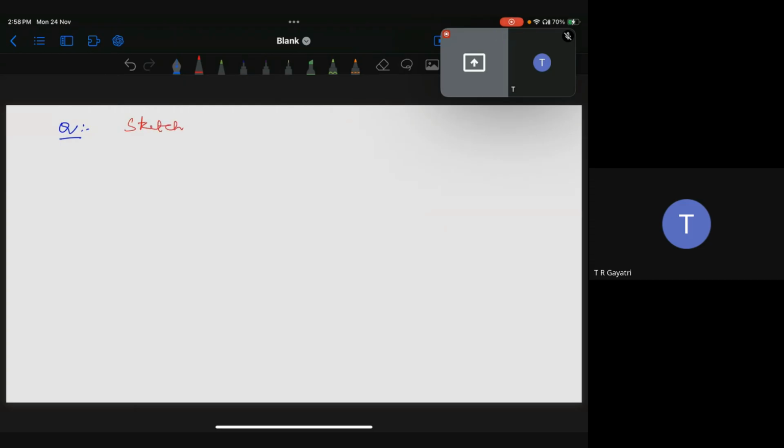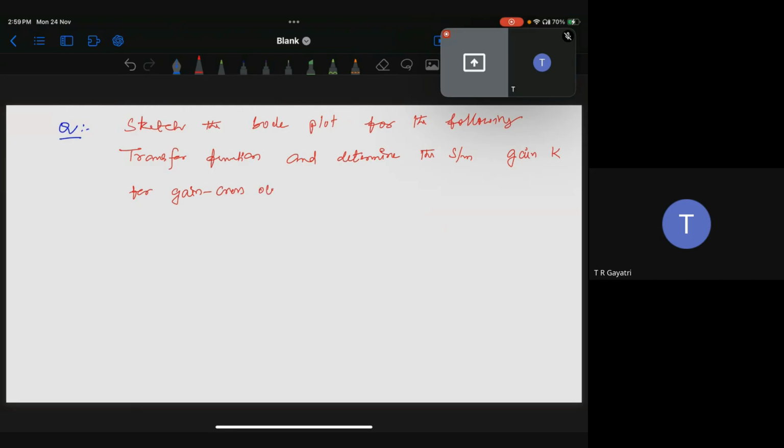Sketch the Bode plot for the following transfer function and determine the system gain K for the gain crossover frequency to be 5 radian per second.